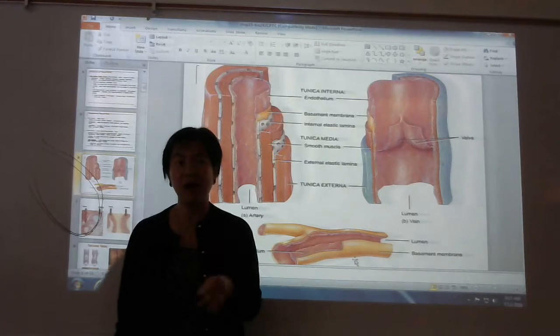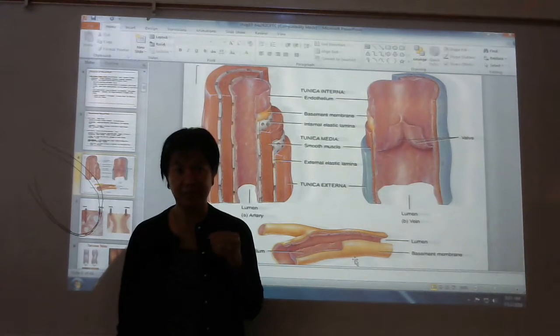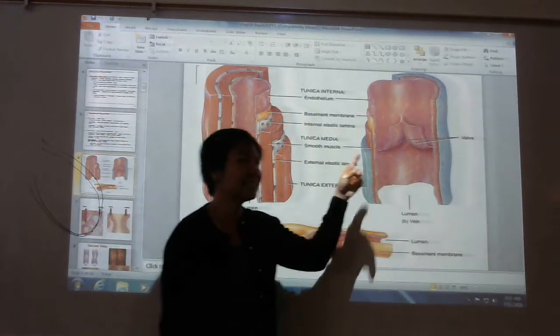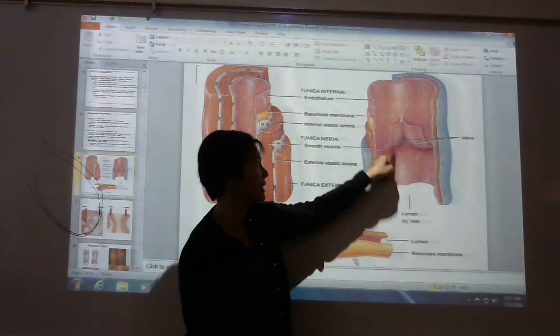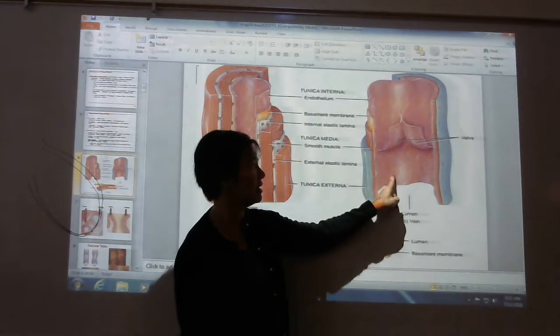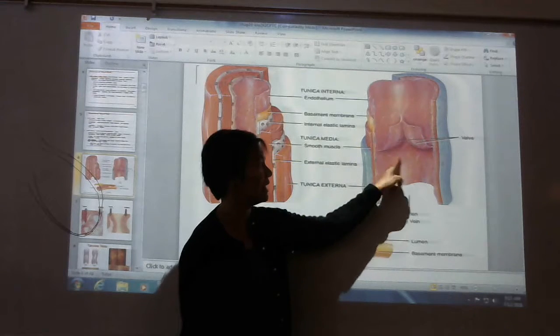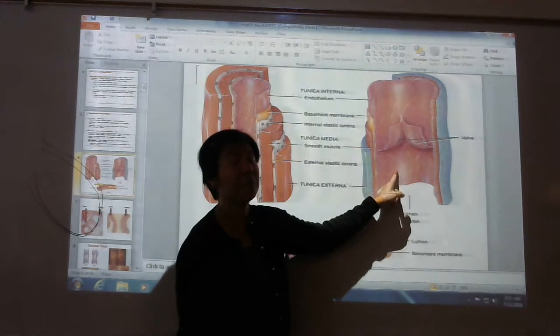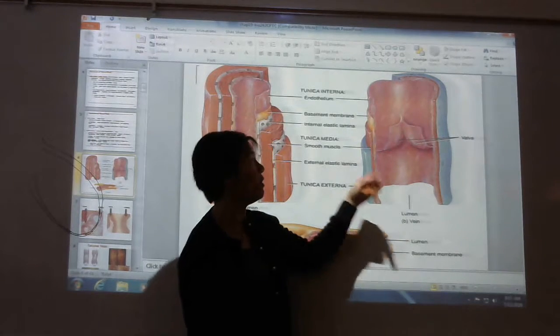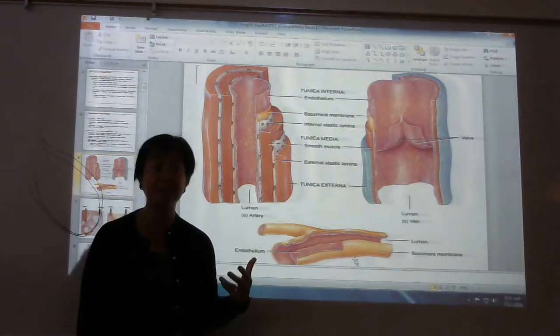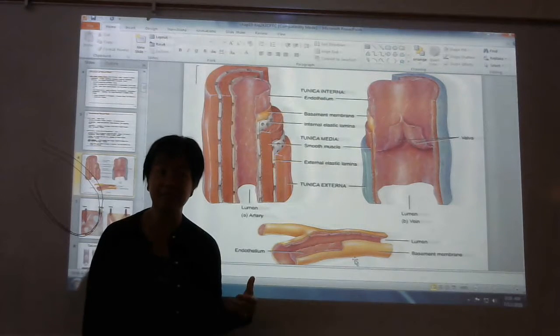The valve in your heart is actual connective tissue. What is this? Look at this one. What is this? It's a continuation of your, what's this? Epithelium. And so the valve of your veins is nothing but modified epithelium.